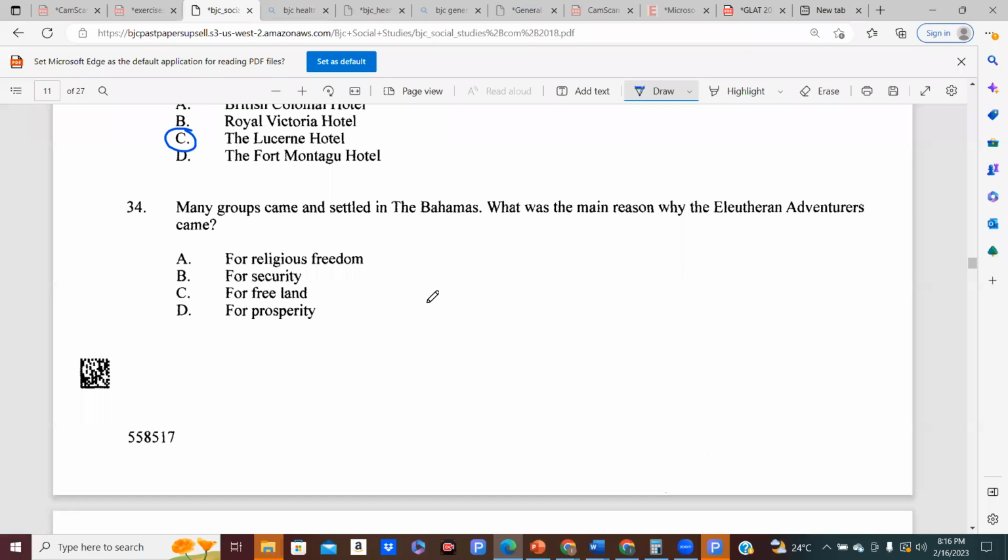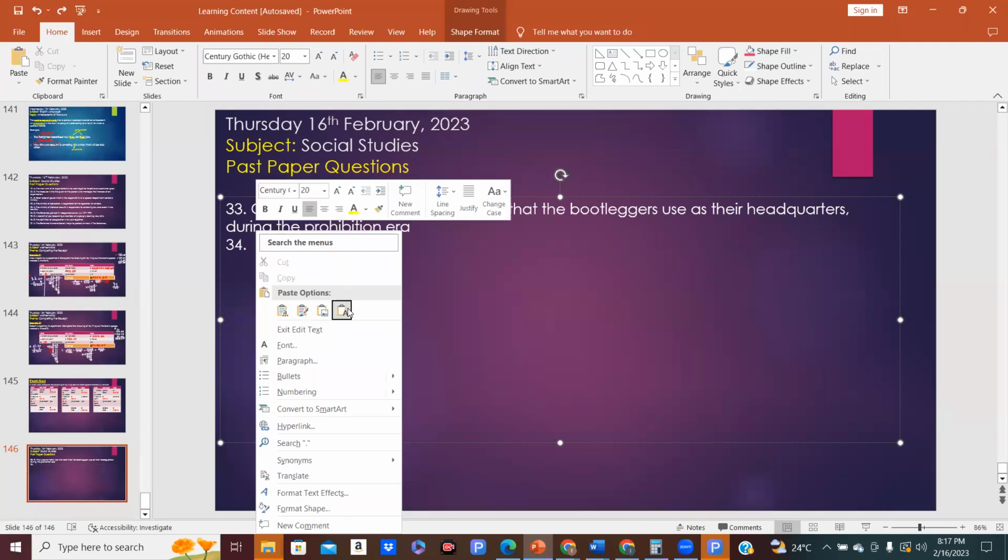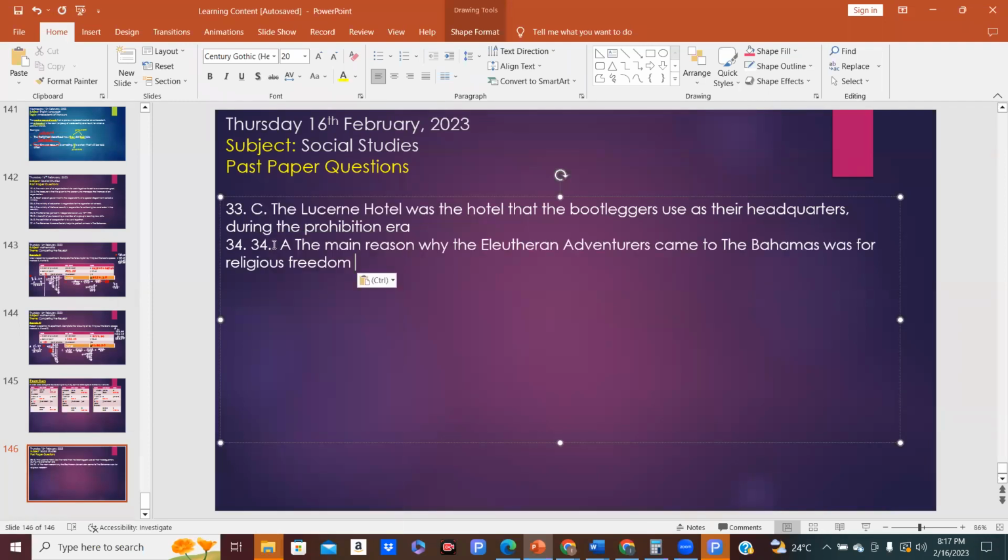A, definitely. Religious freedom. So number 34's correct answer is A. The main reason that the Eleutheran adventurers came to the Bahamas is for religious freedom.